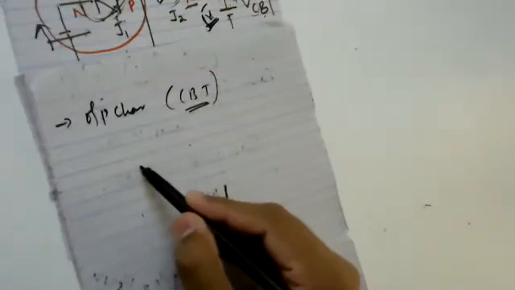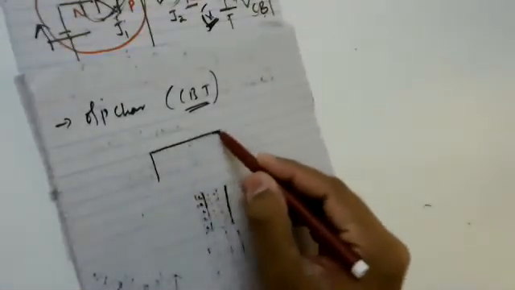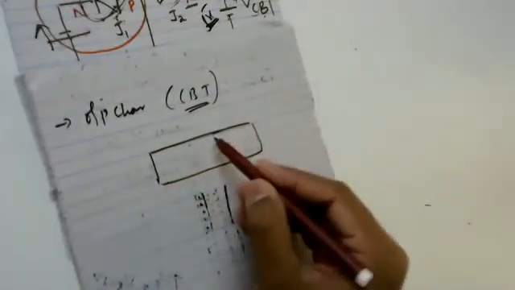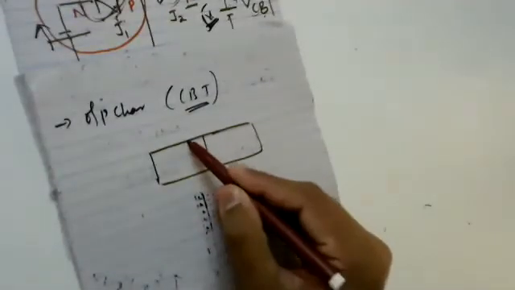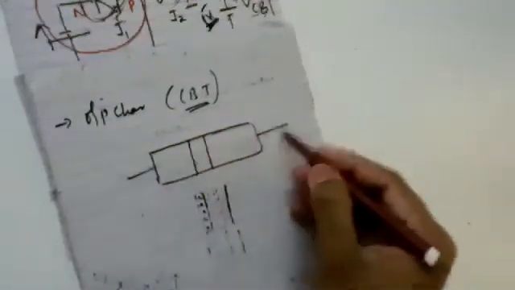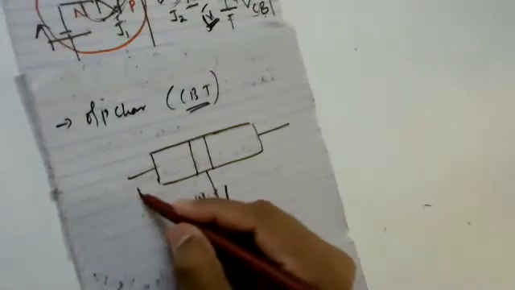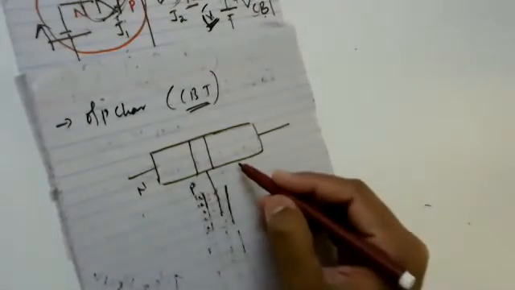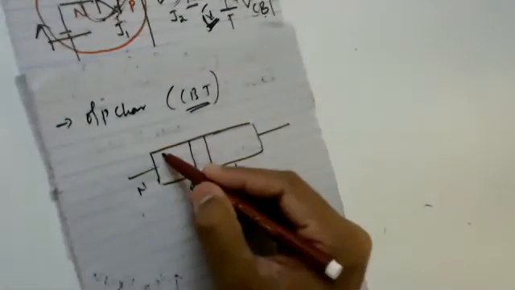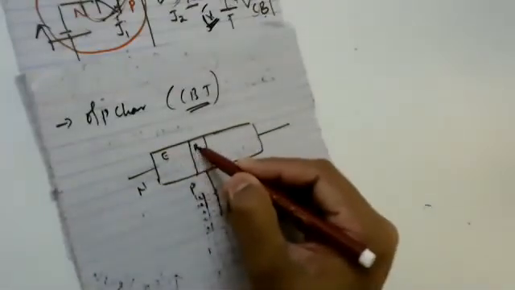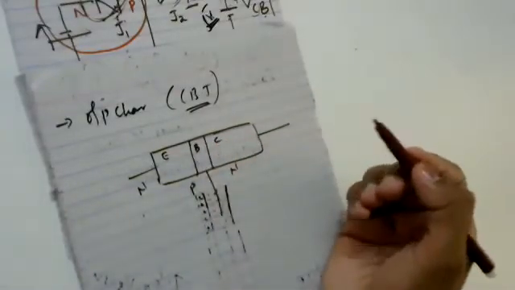Now, what we'll do over here is once again take our structural diagram of our transistor. Collector should be more, base should be less, emitter should be medium. So this is N, P, and N. This is my emitter, base, and collector.